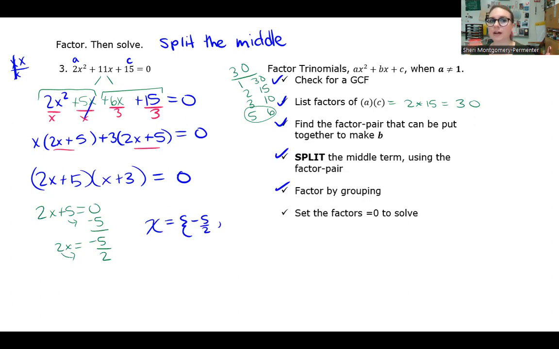And then what's my other factor? -3. And that is factoring by splitting the middle. We do this when A is not equal to 1. So it's kind of like one extra step to do factor by grouping.